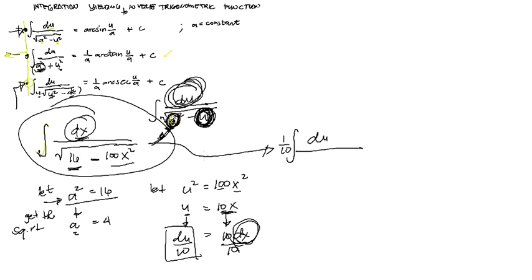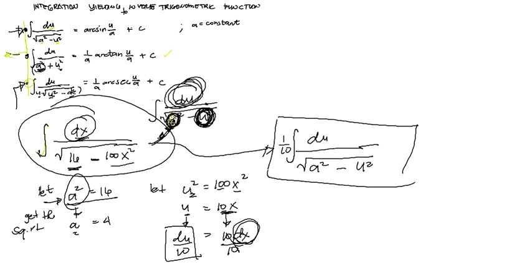Then we have the square root of our a squared, which is equal to 16. So a squared minus u squared. Okay, so after transforming in this form, as you can see, we can now directly use our formula.